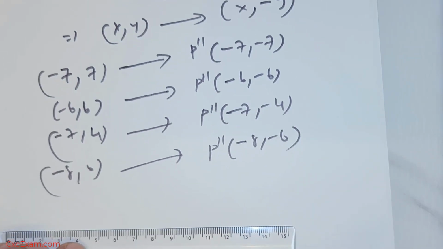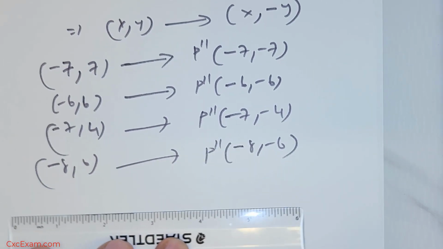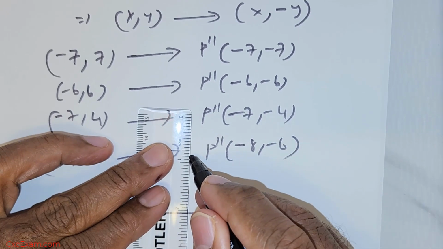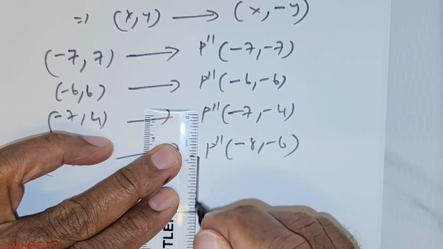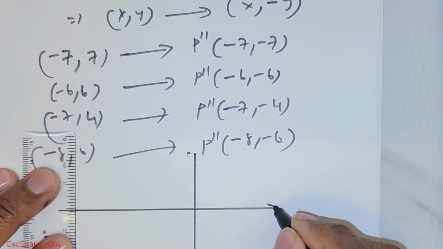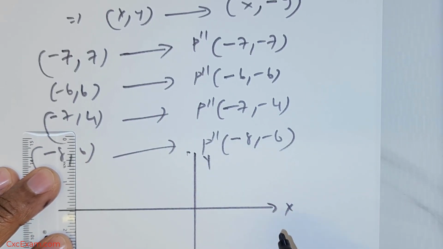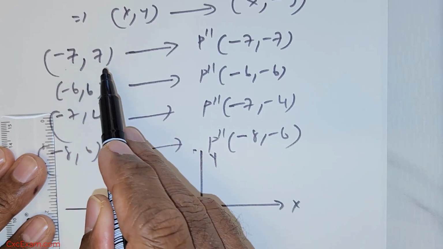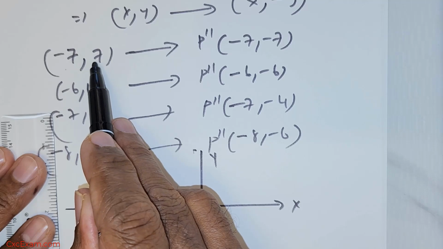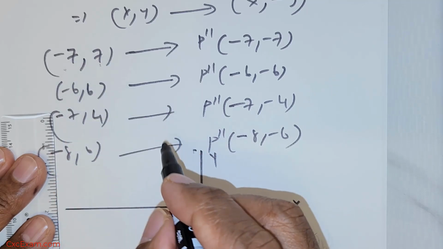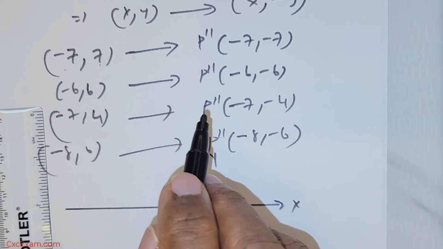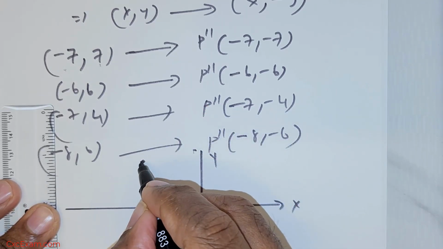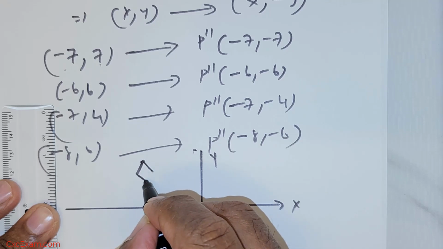So if I were to draw, I am going to be drawing it like this. This is my x-axis, this is my y-axis. So (-7, 7) is the topmost point, and this is not to scale.